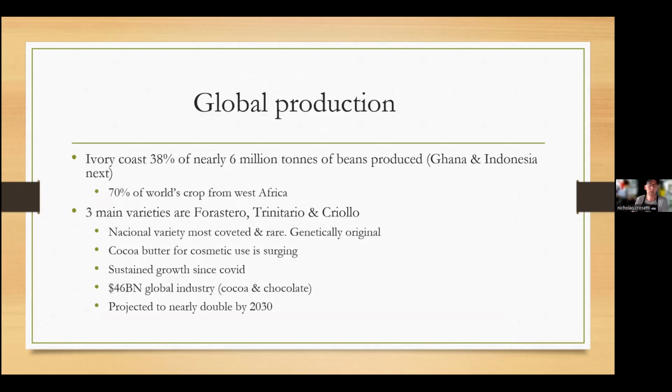Ivory Coast being the top producer currently. Ghana was until recently the top producer, with something like 40% of all cacao beans coming from Ivory Coast. And of the world's production, 70% of it comes from Africa. So a huge crop for them there.